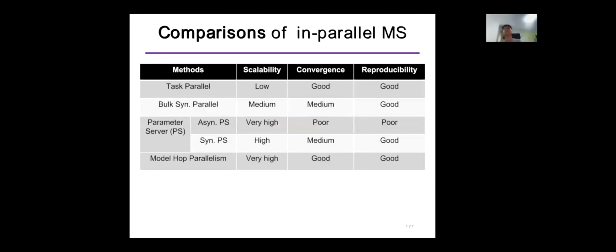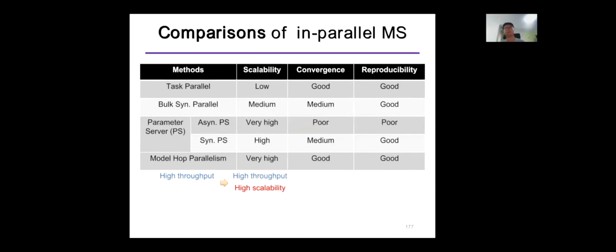Here is a comparison of parallel model selection methods. There are different methods, and they care about different optimization goals. First, we care about high throughput, that is, how many model configurations we can test in parallel.